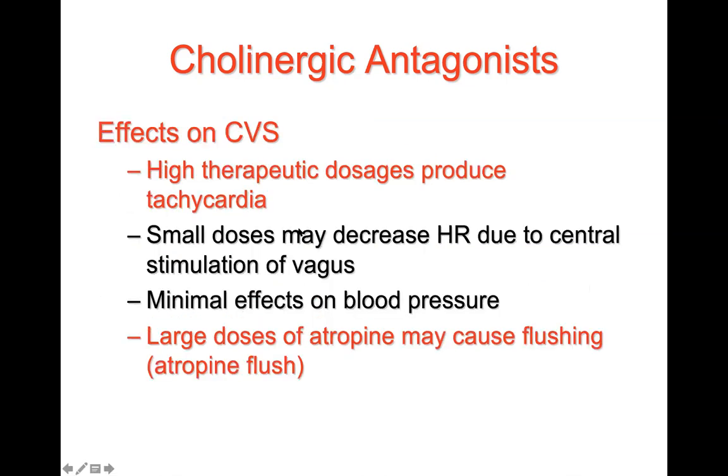So let's start with the effects on the cardiovascular system. When we give high therapeutic dosages of atropine, I'm not asking you to know dosages on these drugs, but typically we give somewhere between 0.5 to 1 milligram.